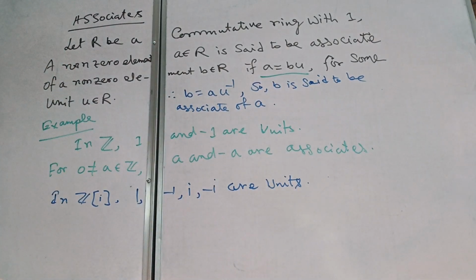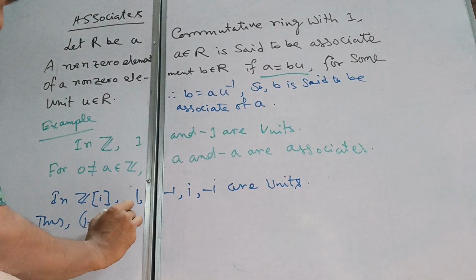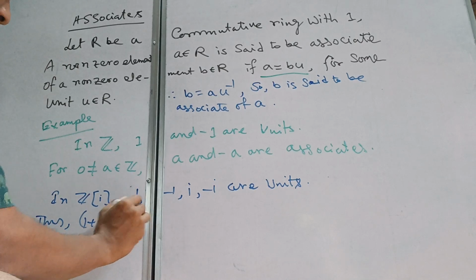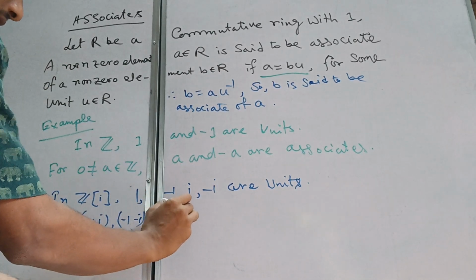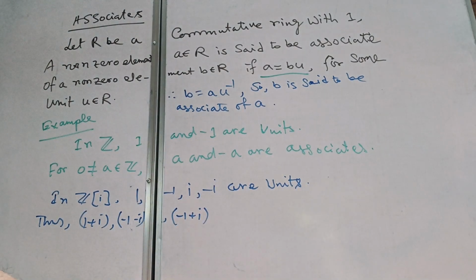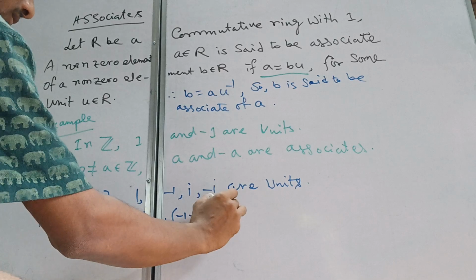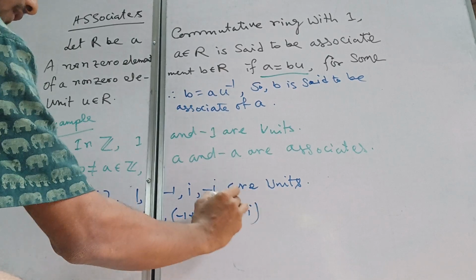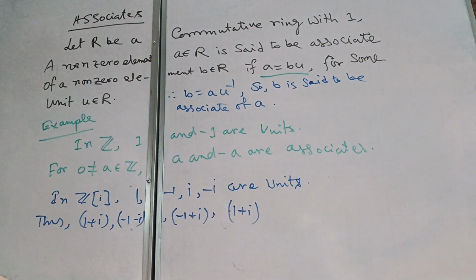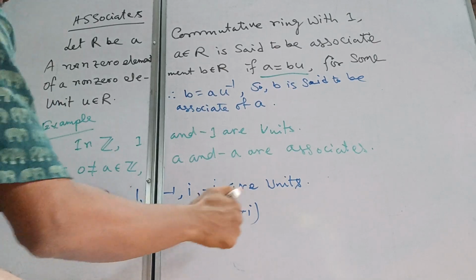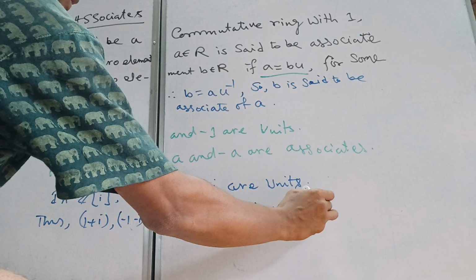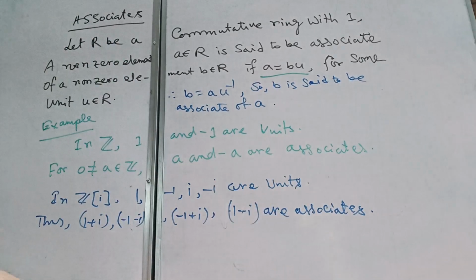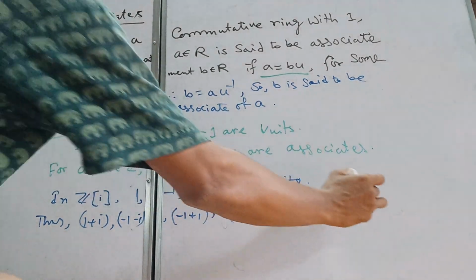Then 1 plus i, minus 1 minus i, minus 1 plus i, and 1 minus i are associates of 1 plus i.